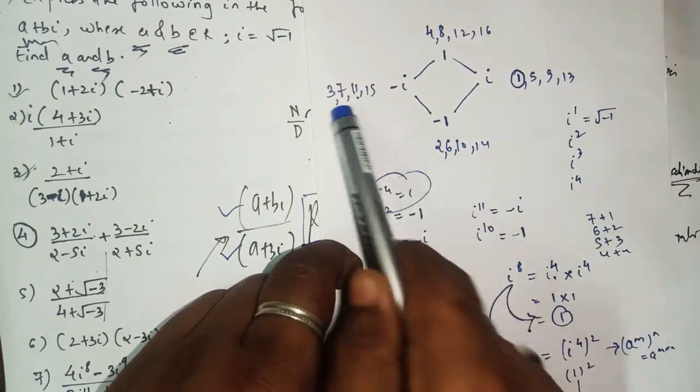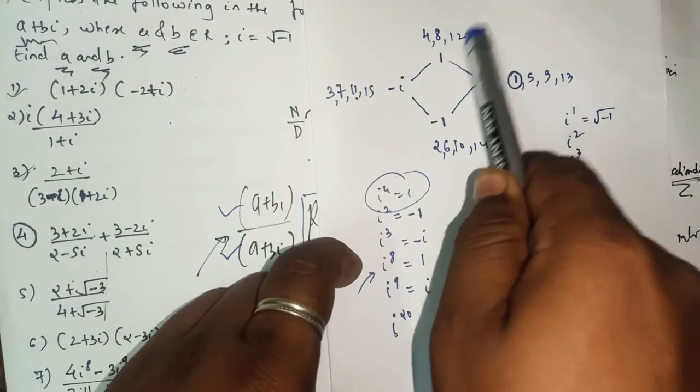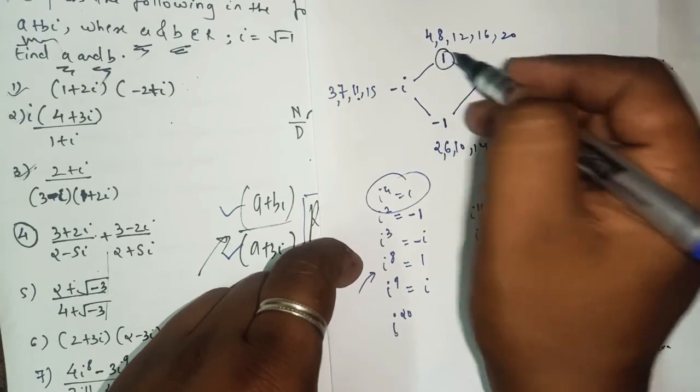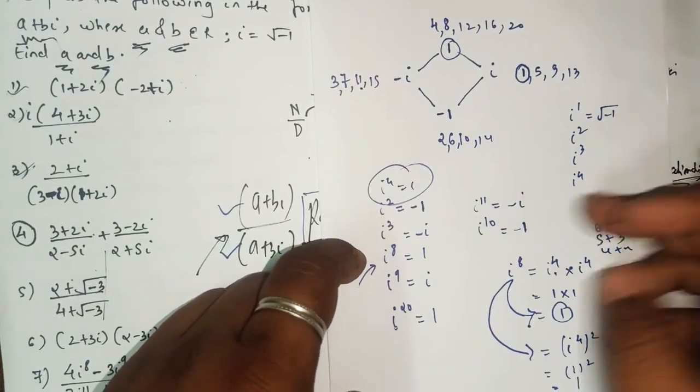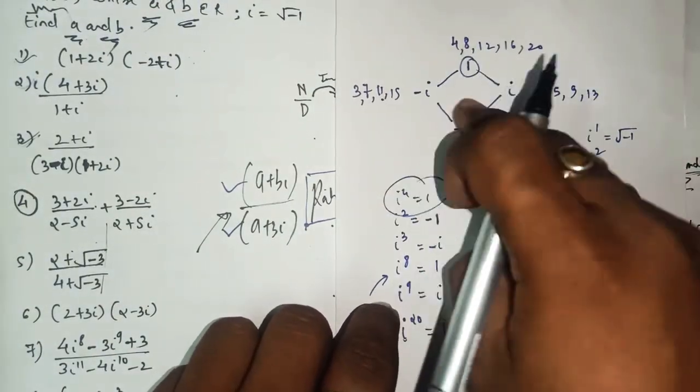Here 13, 14, 15, 16, 17, 18, 19, 20 will come where? This side. So 20 will come this side. For all these values the answer is 1. So i raised to 20 will be 1.